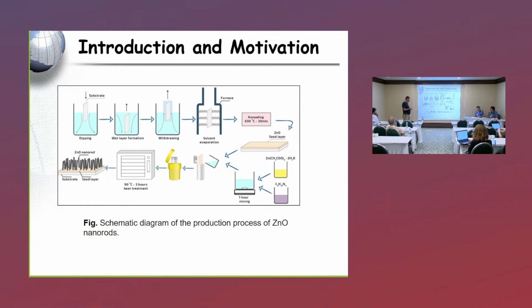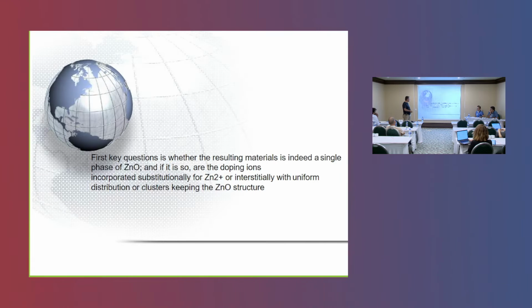When we produce zinc oxide nanorods, the first key question is whether the resulting material is a single phase or not. This is very important. If it is not single phase, you cannot understand whether the properties come from the single phase or the second phase.